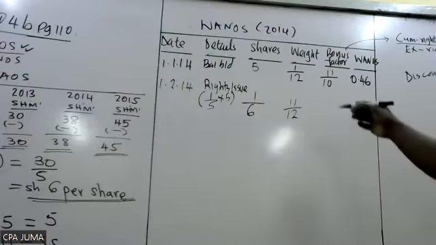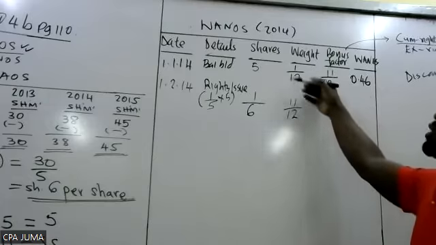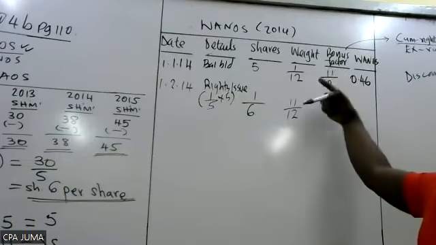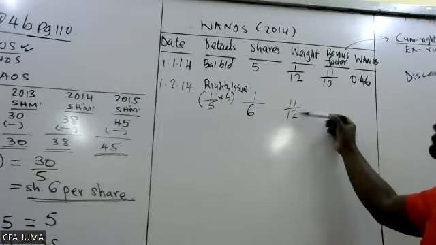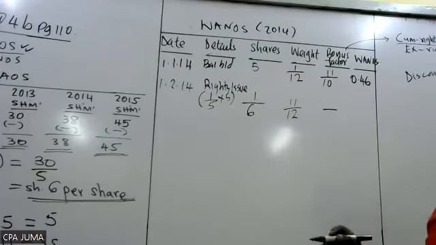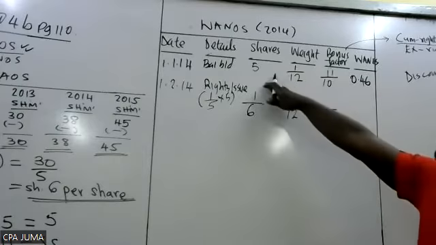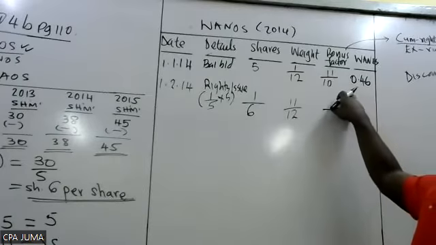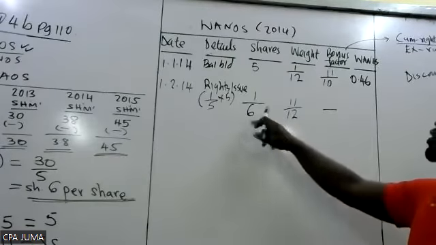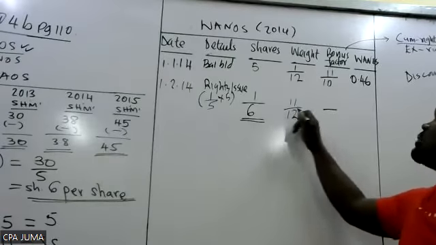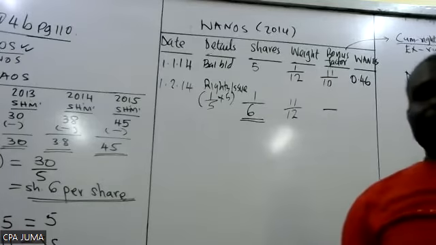So the remaining period is 11 months to the end of the year, because from here to here was 1 month. Then they have joined to be 6, so 6 times 11/12. The bonus factor is only for the shares before the rights issue. Thereafter, it will not feature again. So you take 6 times this, give me the answer.